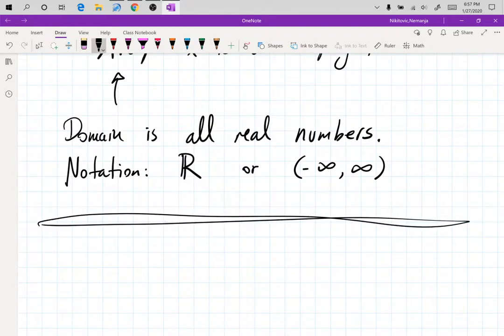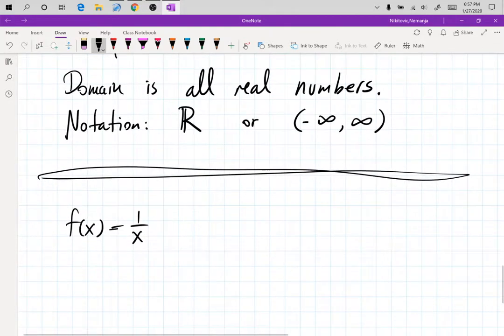If you take the function f of x equals 1 over x, what value is not invited to the party? 0. Yeah. Why? Beautiful. Why? I'm not like a 2-year-old now. Why? Undefined. Why?